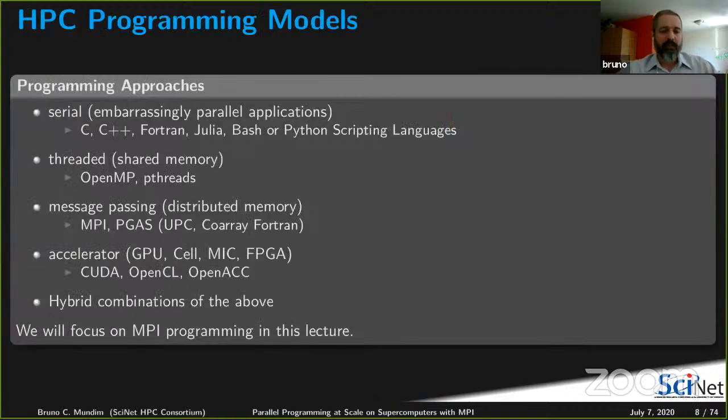So with these different kinds of compute architectures, it's obvious that you're going to have different kinds of programming models, right? The first one that we saw in the introduction to HPC was when you have a serial code just compiled with the usual C, C++, or Fortran languages, right? Or more recently, Julia, or maybe it's just a Bash script or Python script, as was the problem that you solved in the first lecture, in the first week.